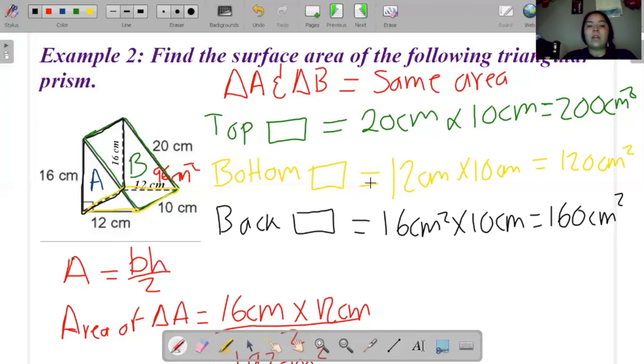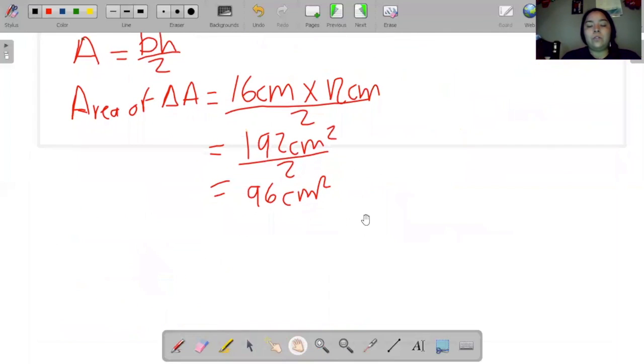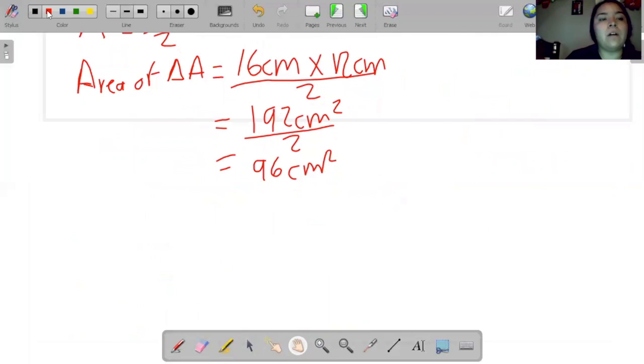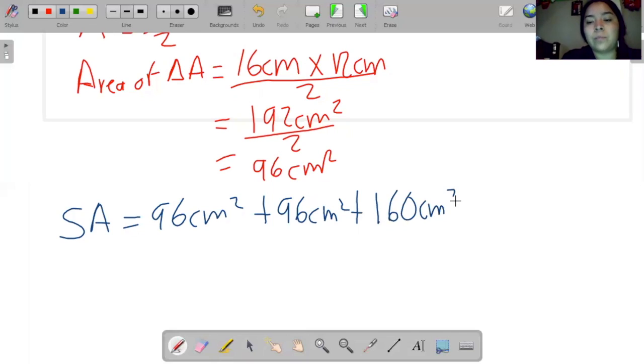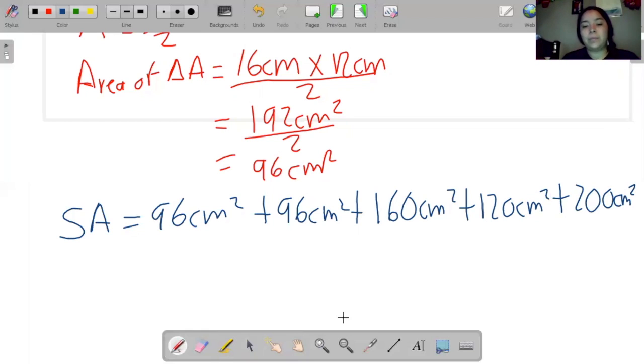Okay, so now that we know the area of each face, let's add them together. So then we have the area of both triangles, which is 96 centimeters square plus another 96 centimeters square because we have two triangular faces, and then we have the area of the three rectangular faces, which is 160 centimeters square plus 120 centimeters square plus 200 centimeters square, right?